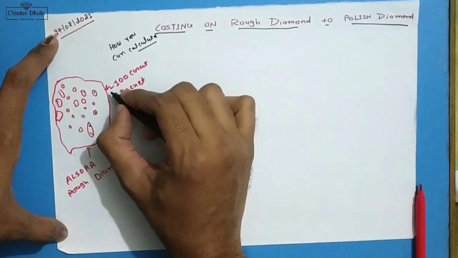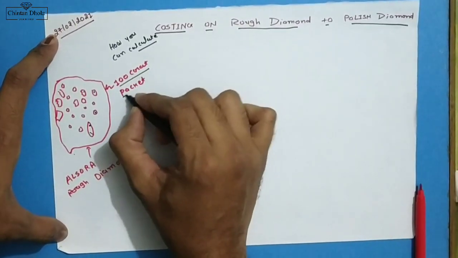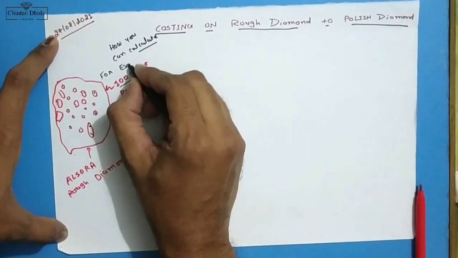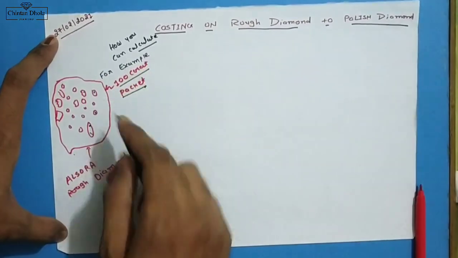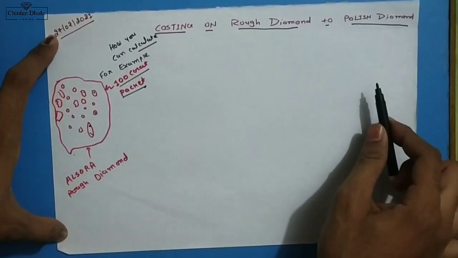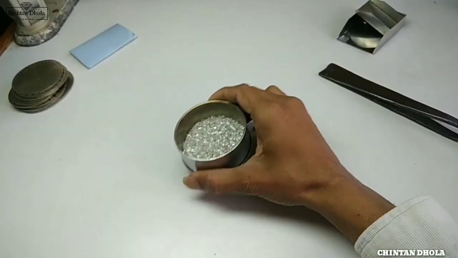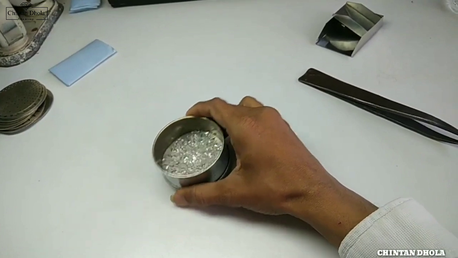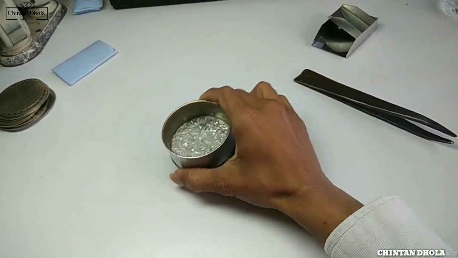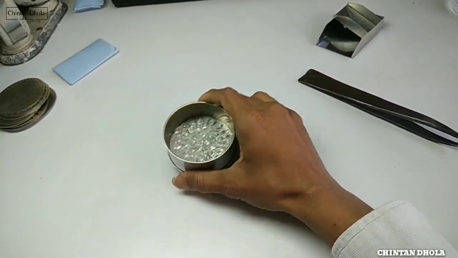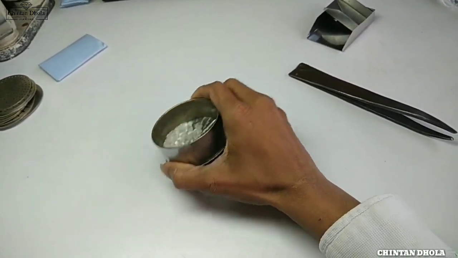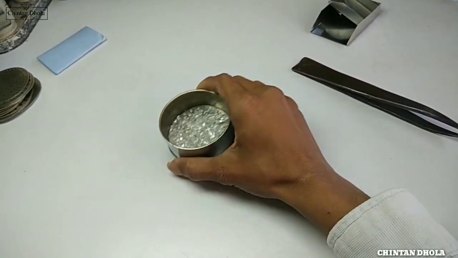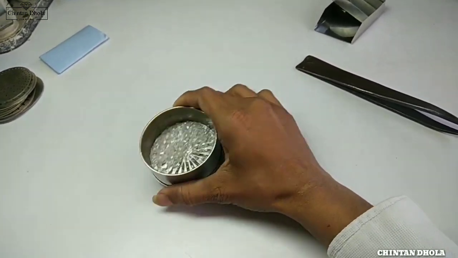The packet is 100 carat, for example, because we need to learn from rough diamond to polished diamond what the actual price is and what prices are included in this process. Let me take this rough diamond. What is the next process? But before or after this process, we have to provide the actual price of that rough diamond.